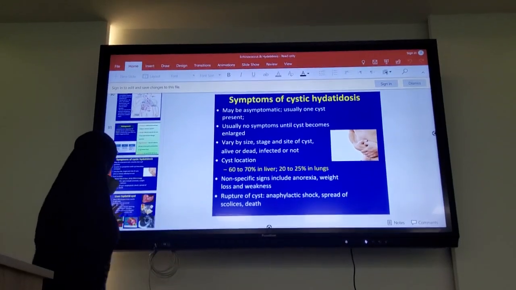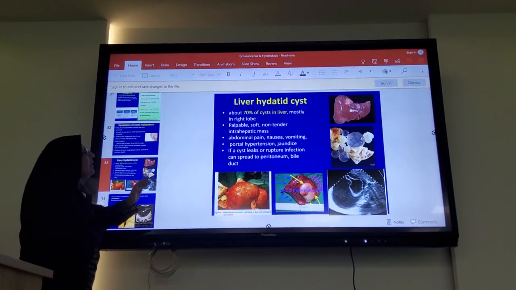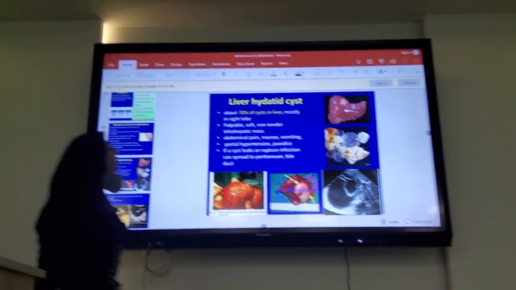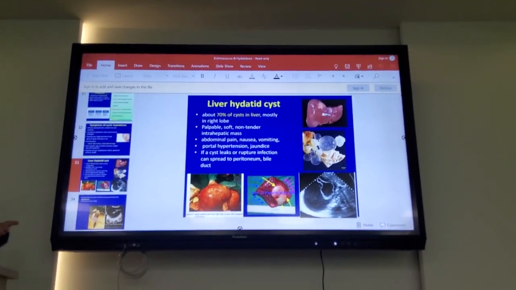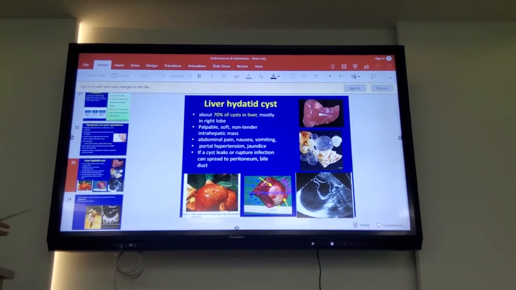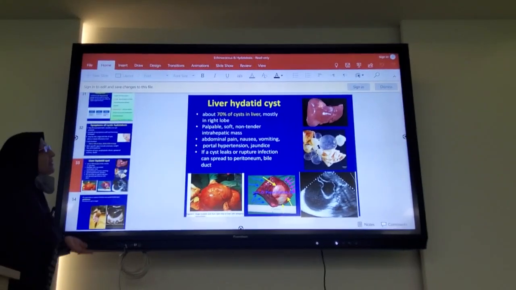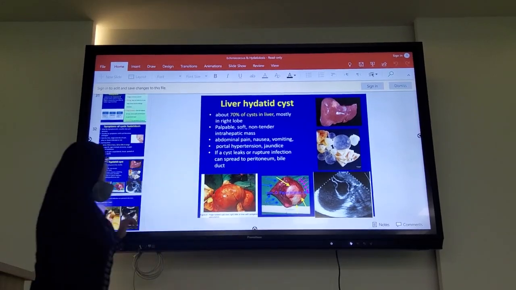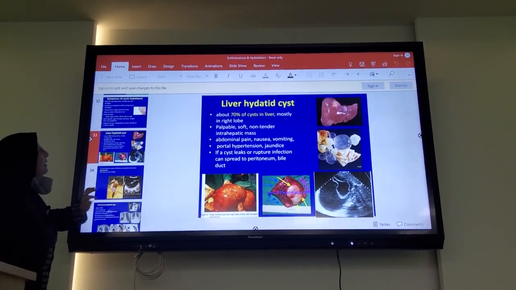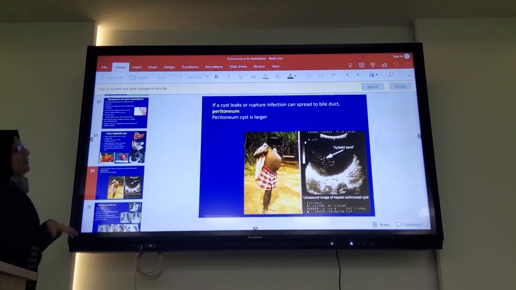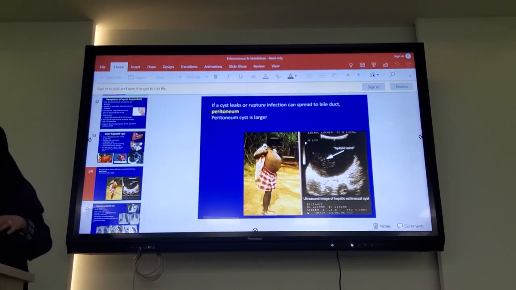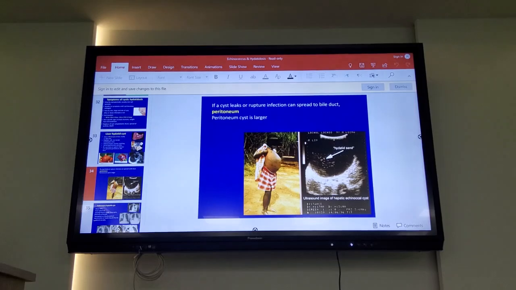As I told you, most of them are in the liver, okay? In the liver, the patients have abdominal pain, nausea, vomiting, jaundice. If they rupture, they may affect other parts of the body. In the peritoneal cavity, the cyst may be so big, even at this diameter, okay?